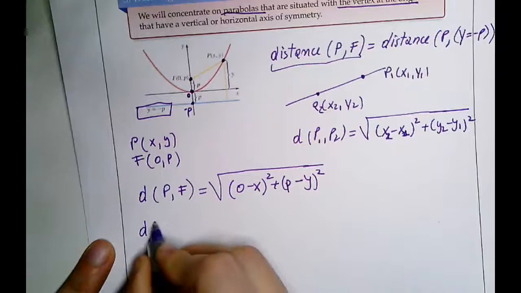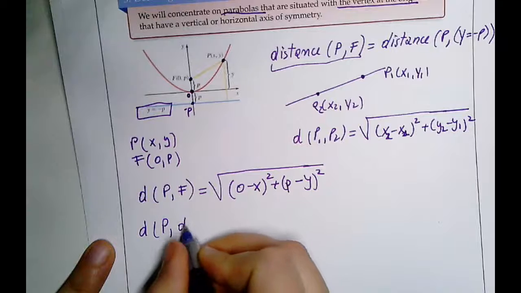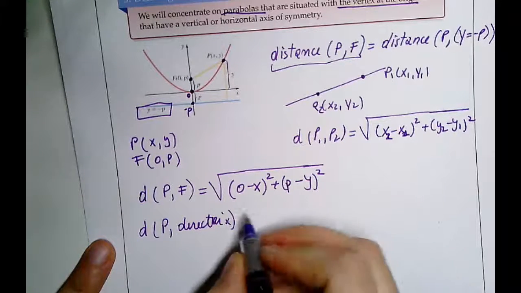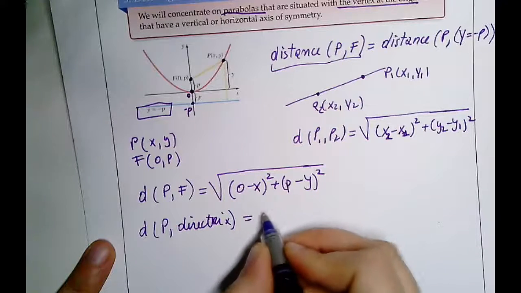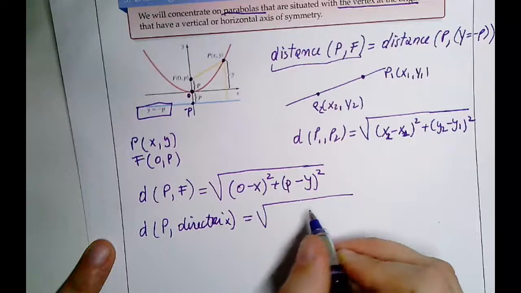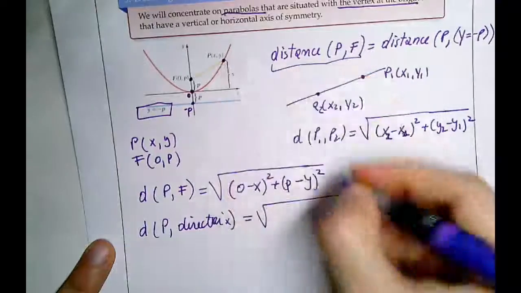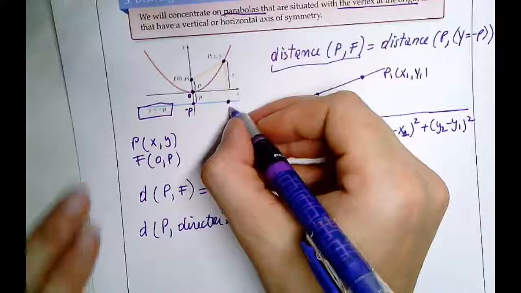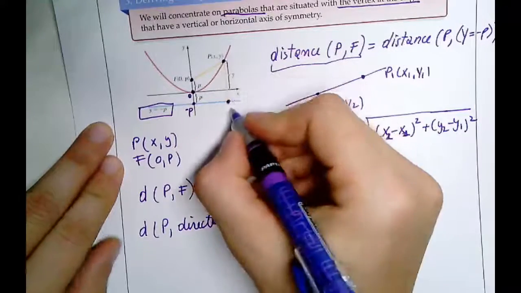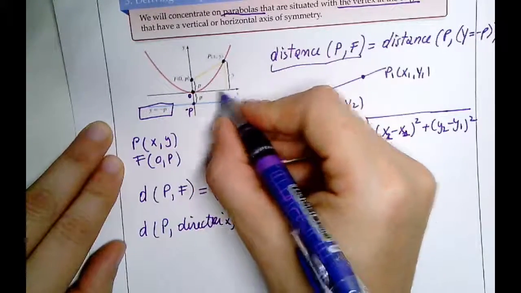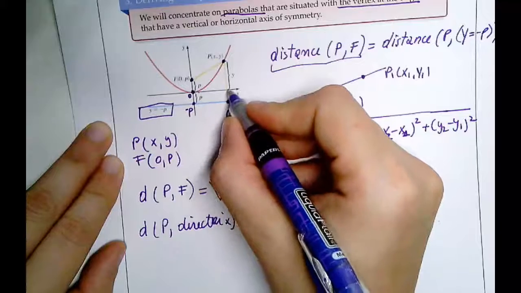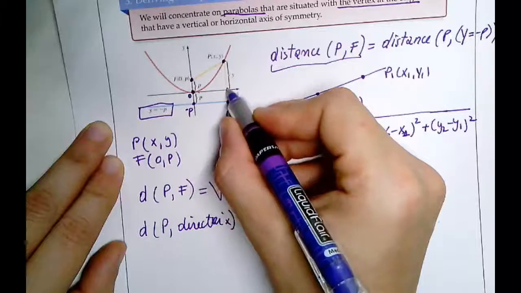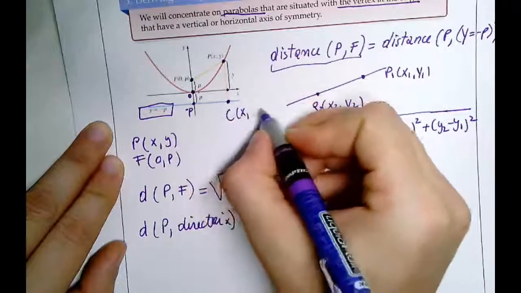And now the distance between the point and the directrix is going to be the square root of, well, the point still has coordinates (x, y), and then a point right here, if this point is (x, y), what's going to be the x-coordinate of this point? Well, it still has x-coordinate x, and the y-coordinate is negative p.